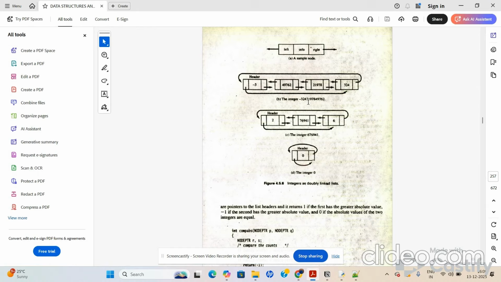So 76941 is stored in node 1 and 6 is stored in node 2, and the header has value 2 indicating 2 nodes, and plus meaning that the number is positive. And integer 0 is treated as a special case that indicates that the list contains only the header node with the info as 0.